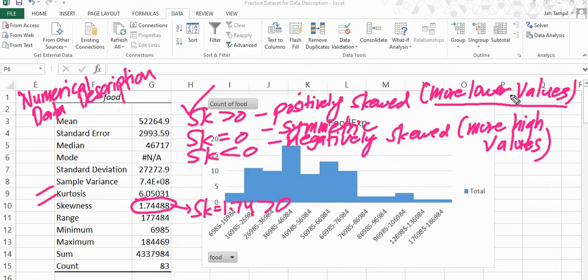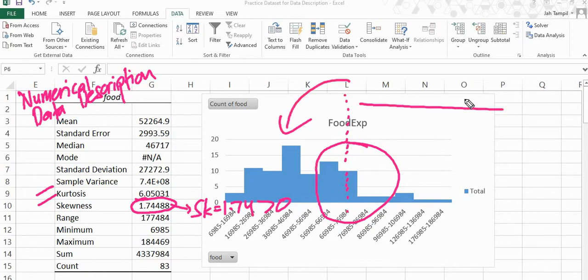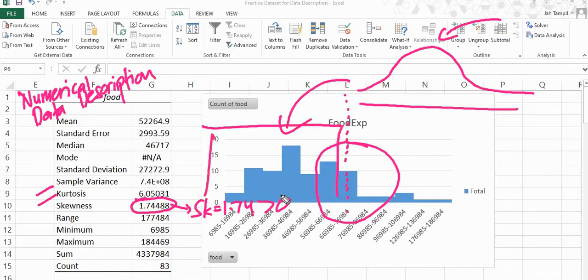Alright, so, we can see that the middle of the distribution is probably somewhere around here. And as you can see, more of the values are actually here, on this side. So, it somehow corresponds to our ideal picture that more of the values are on the lower side, or we have more lower values, which are here.